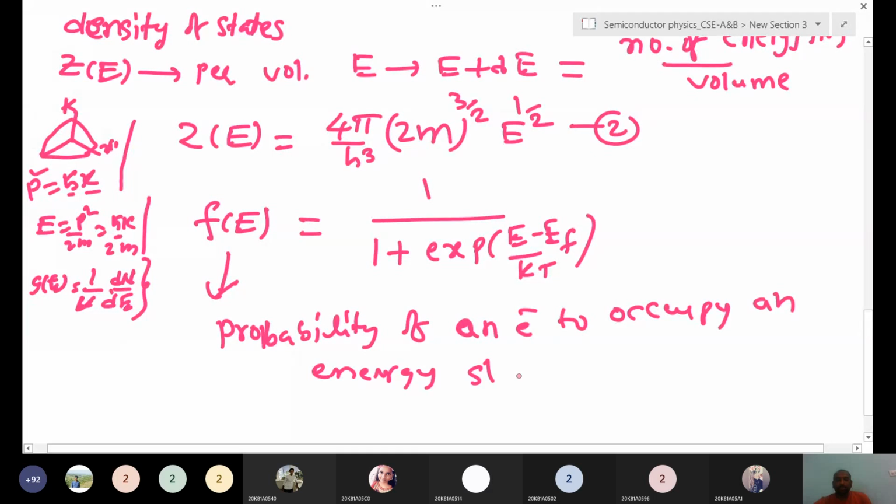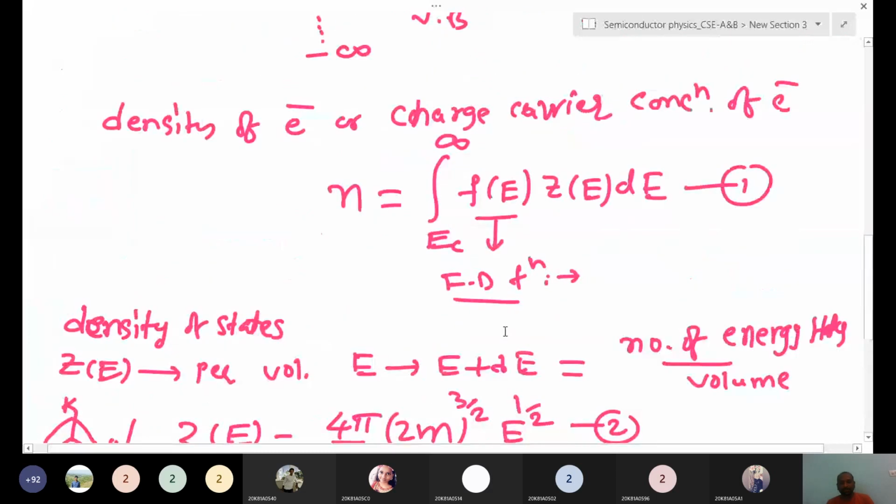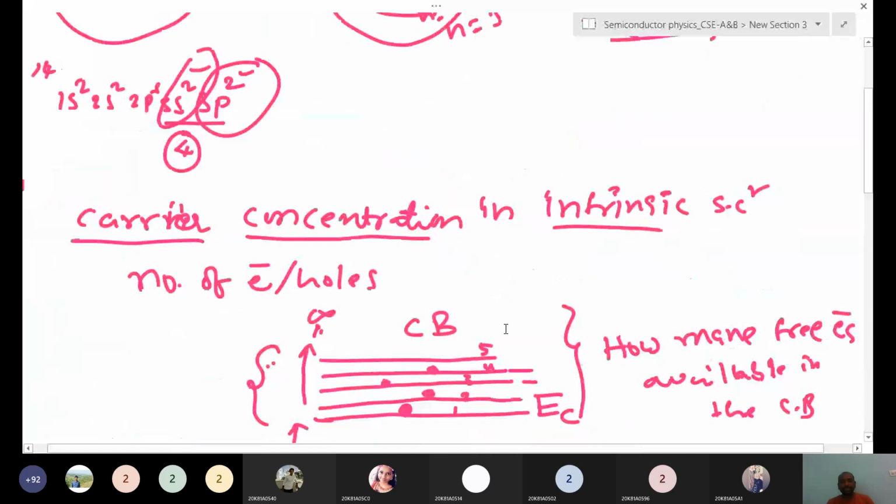We have this many states here. If you see the diagram, we have this many energy levels. States means energy states, which means energy levels only. So density of states means the number of energy levels, the number of energy states available per unit volume.